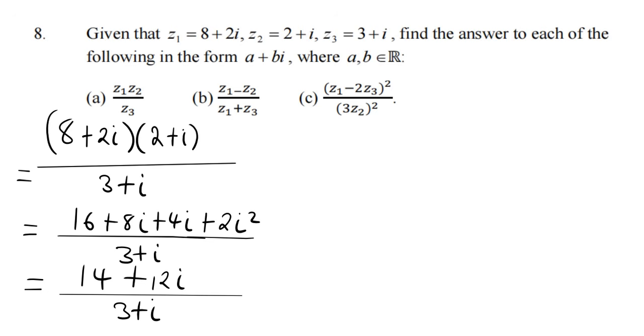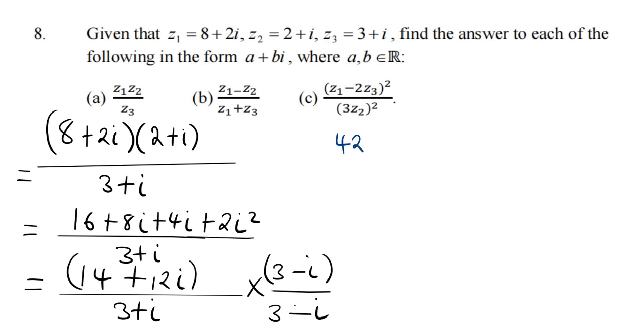Now if we simplify this, we're supposed to multiply by the conjugate on both sides, which is 3 minus i, also 3 minus i. So now when we solve what we have on top, you just have to expand. So 14 plus 12i, we're going to start with 14 multiplied by 3, that would be 42.